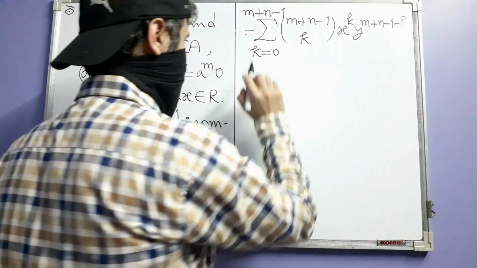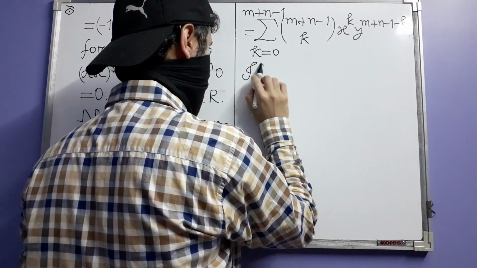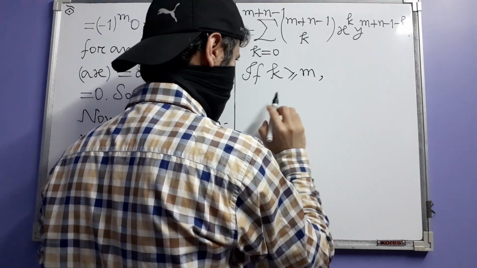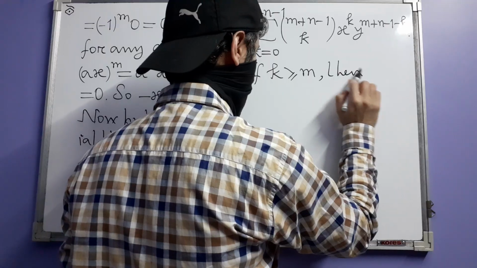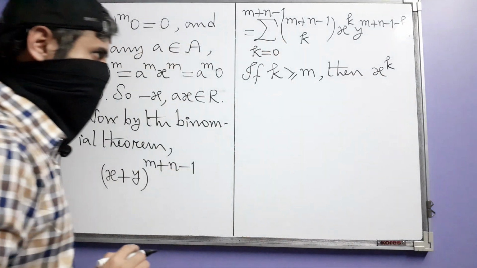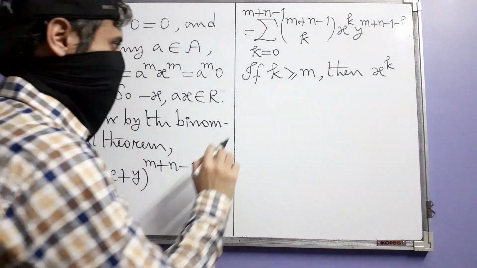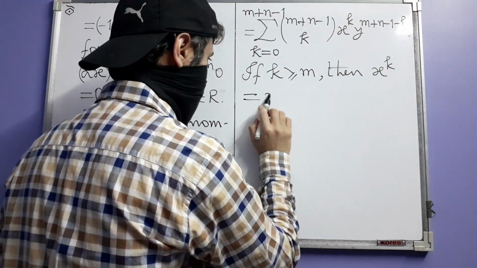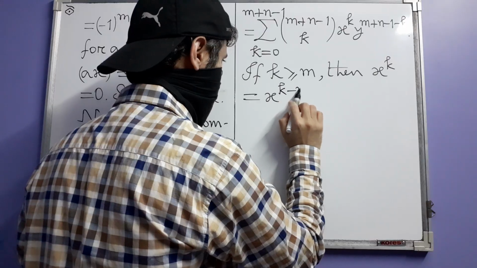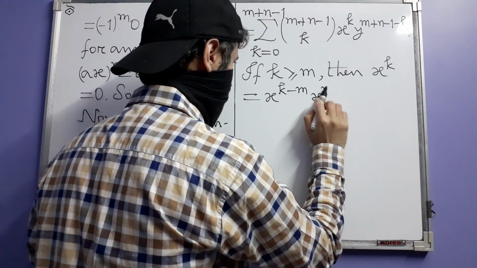If k is greater than or equal to m, then what can be said about this power of x by one of the rules of exponents? You can write it like this.